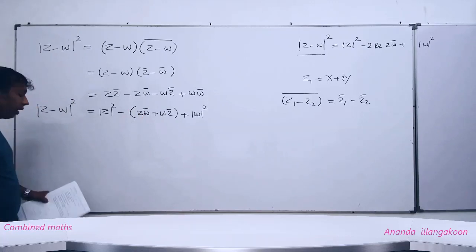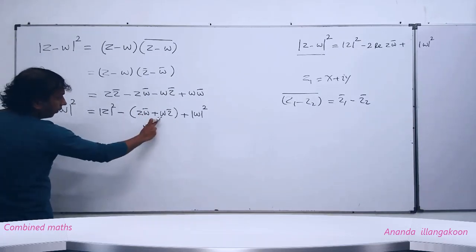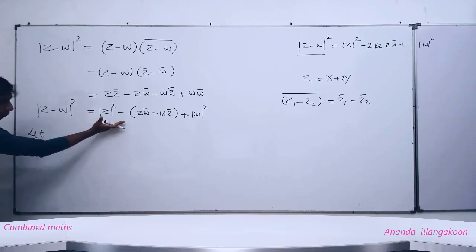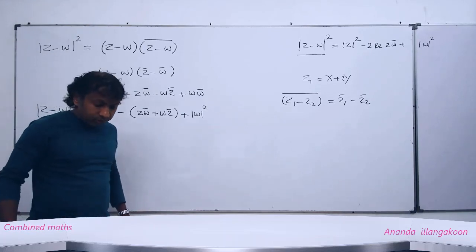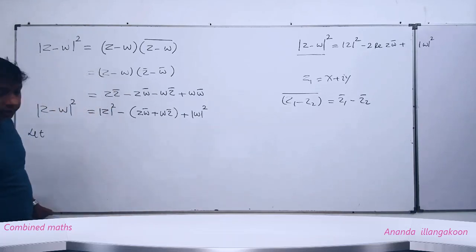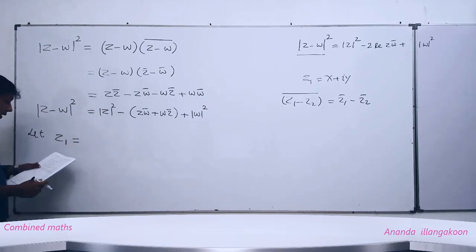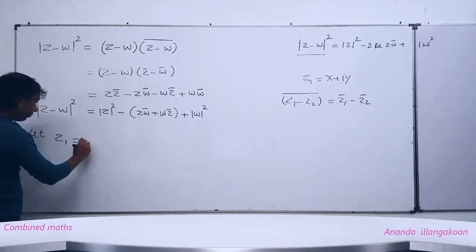Right. Now I'm going to take this one, where we are given z w bar, right? Just think like this. The steps I am going to write next are not mentioned in the marking scheme, but I am going to write those steps also for easy understanding. Let me write z1 as this complex number, z w bar.